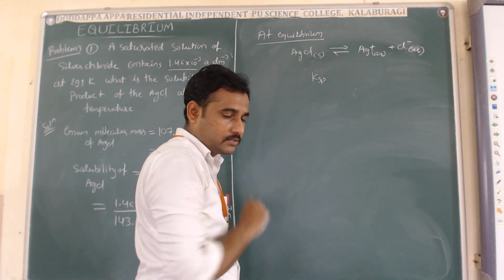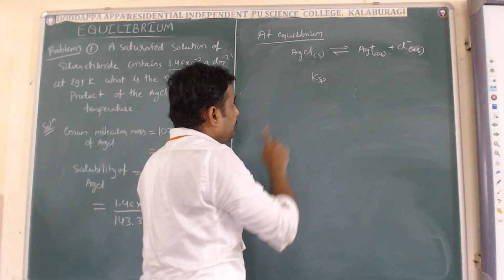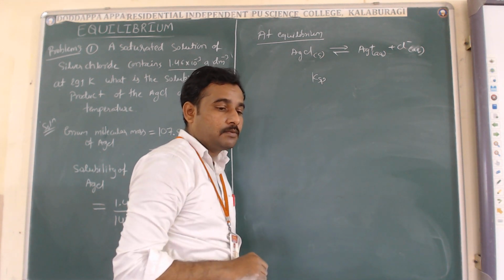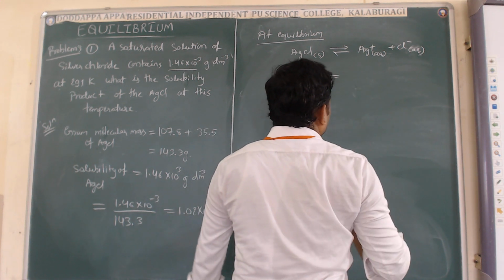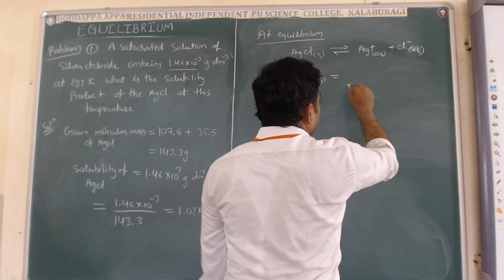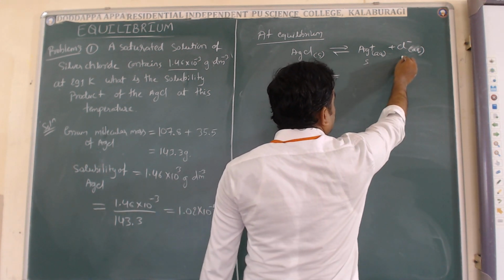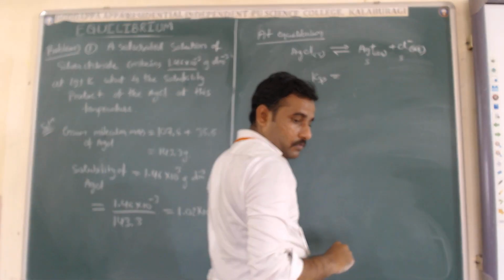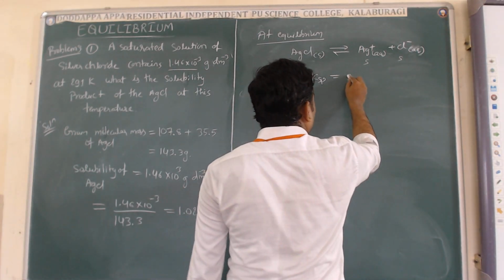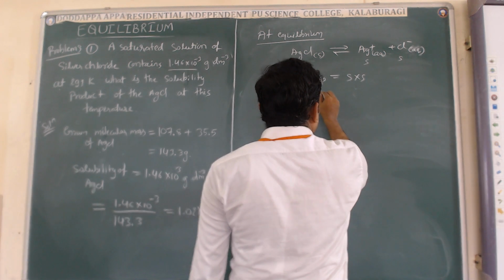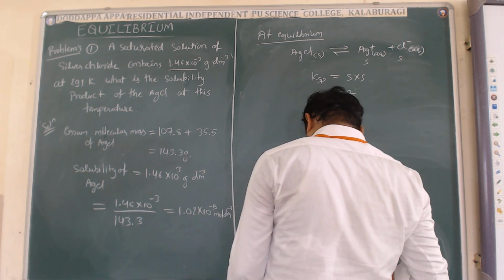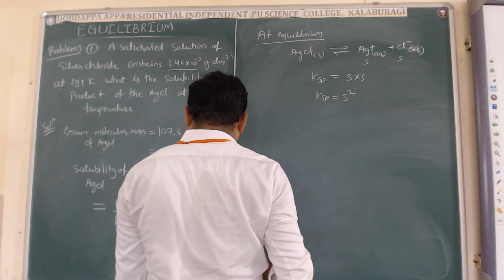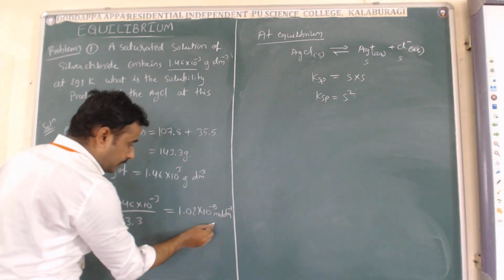Then Ksp is equal to S into S, only one S each. So Ksp is equal to S square.